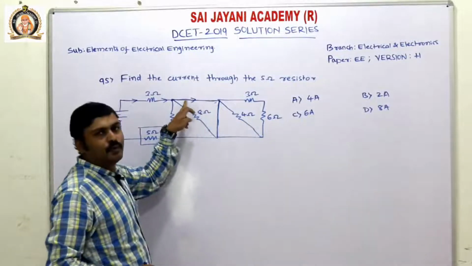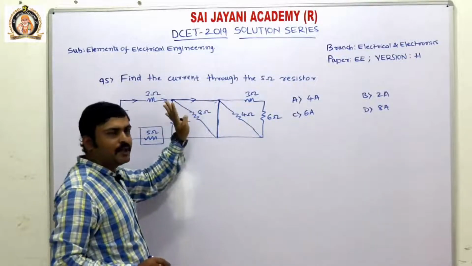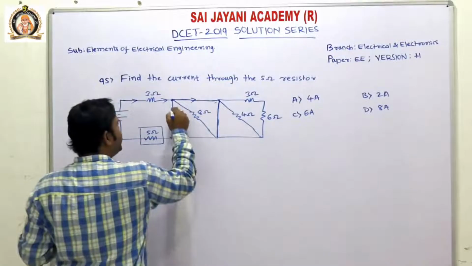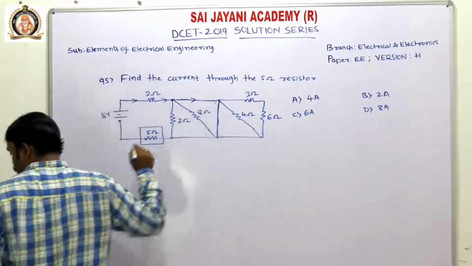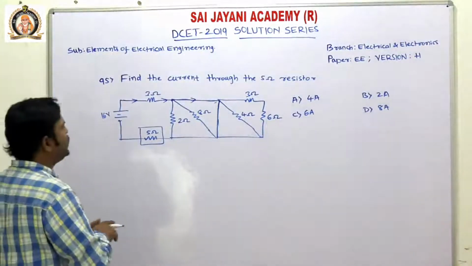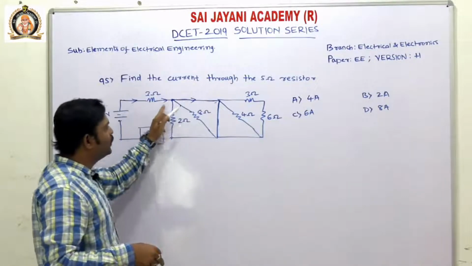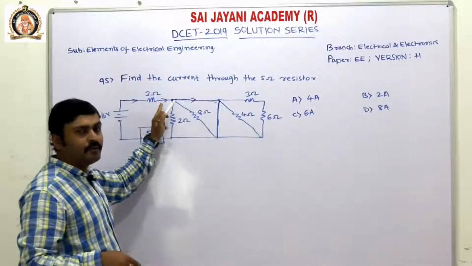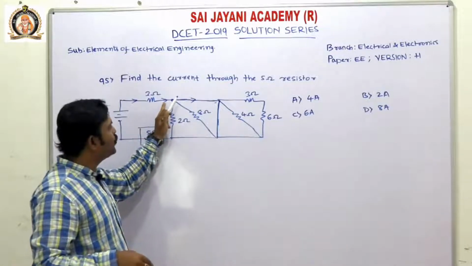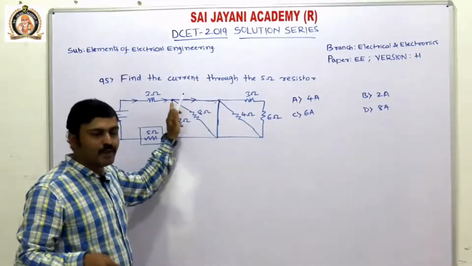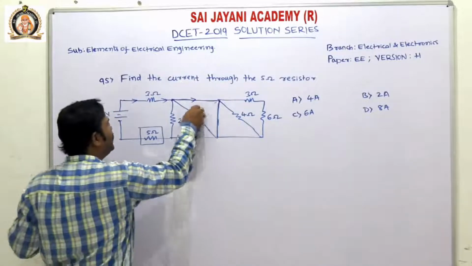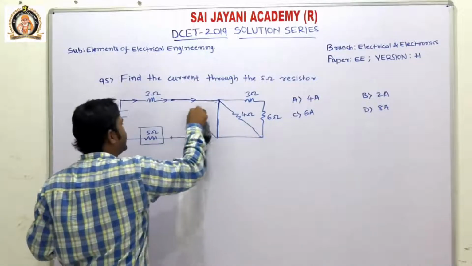The resistance over here is 0 because it is a short circuit. Current doesn't flow in these two branches, so we can cancel them out. It flows in the shortest resistance path, so we can omit these two resistances.